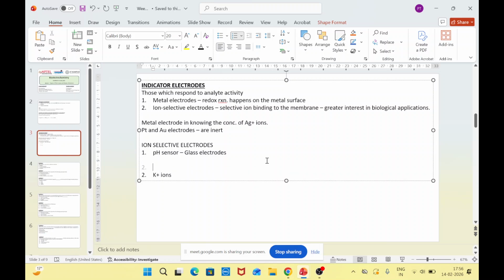So glass membranes will be used for measuring the pH of a system. Here we will use two reference electrodes. One is called the inner reference, and the other is called the outer reference.